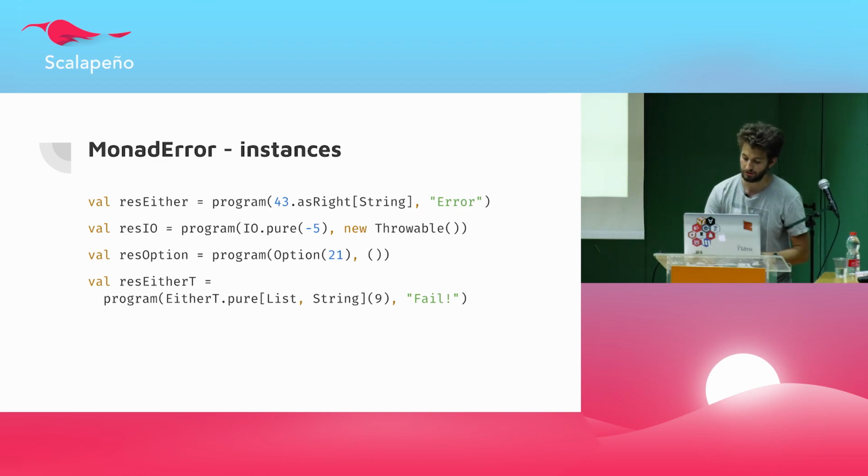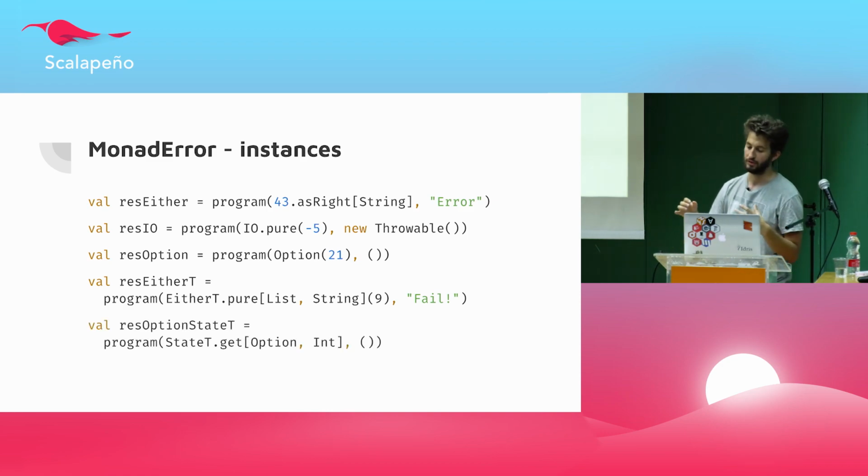And I have one last instance, and that is a state t over option. Because state t itself doesn't have an ability to handle and raise errors, either t, of course, does that, but state t is just a monad transformer. But it can get its instance from the underlying monad.